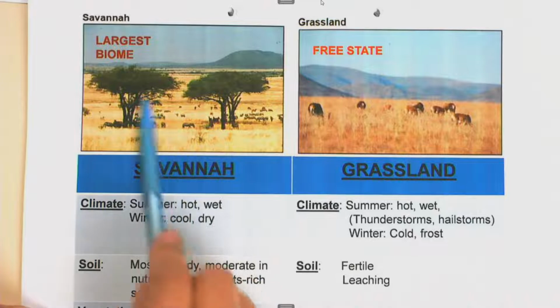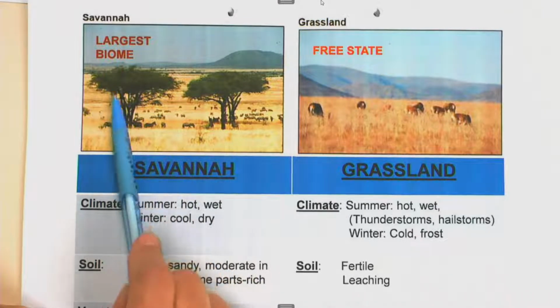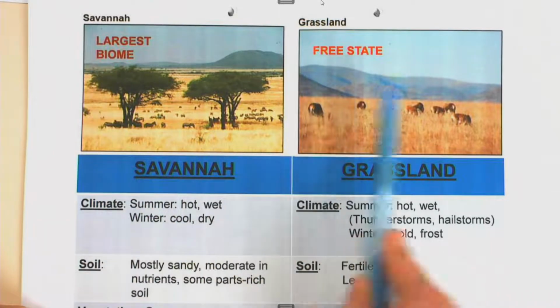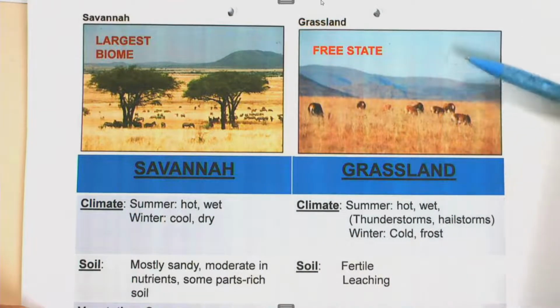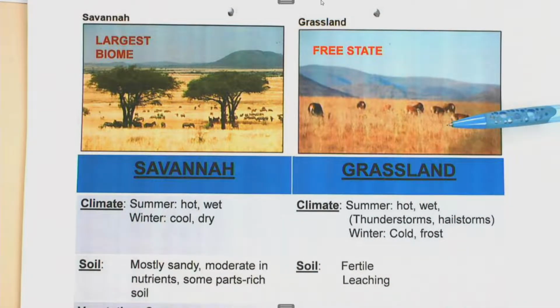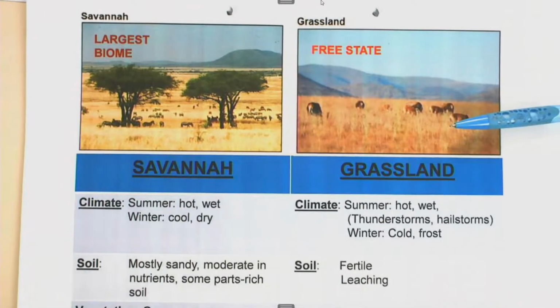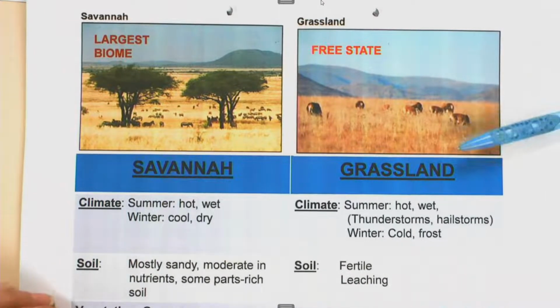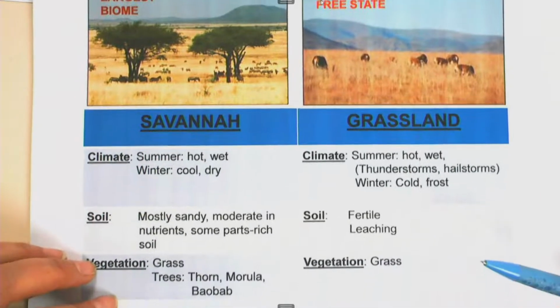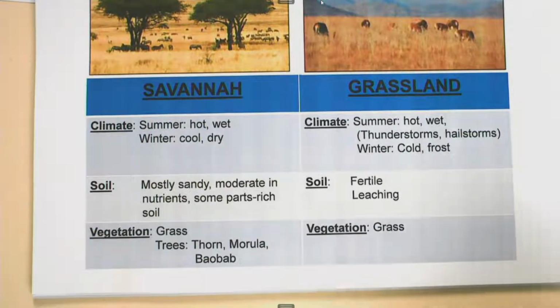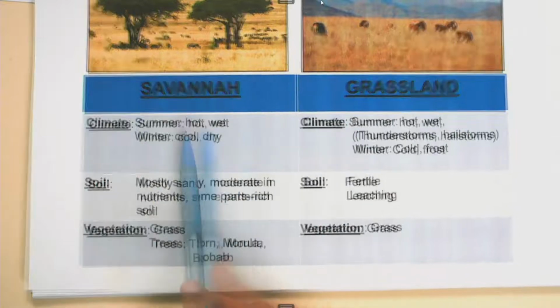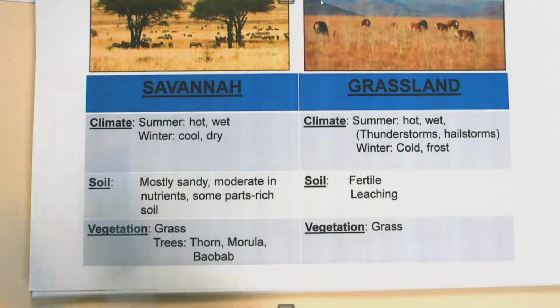Please remember to study. The largest biome in our country is the Savanna biome. And then maybe if your teacher asks what is the name of the biome that you live in, and it's the Free State, then you will know it is the Grasslands. Okay, so let's just have a look at the differences. Now, first of all, for both of them, the summers are hot and wet, meaning it's going to rain.